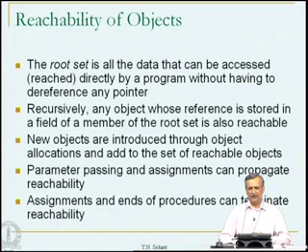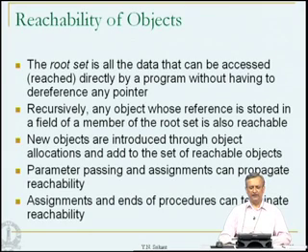In other words, most of the time these are the variables which are declared by the programmer. Of course, there are slightly other possibilities, but most of the elements of the root set are programmer defined variables, okay, pointer variables.